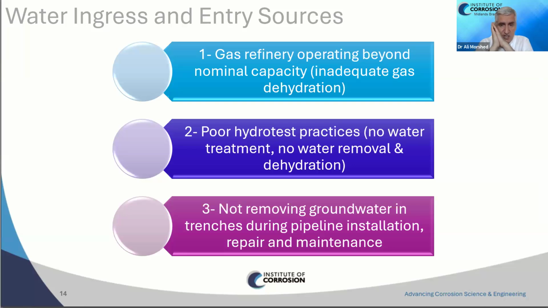In cases, the water which was used for the hydrotest operations was not removed. Water was taken from any available source, and as I said, there was no chemical treatment, no oxygen scavengers were added to the water, no biociding had taken place. It was just, in many cases, groundwater or seawater used without any treatment.